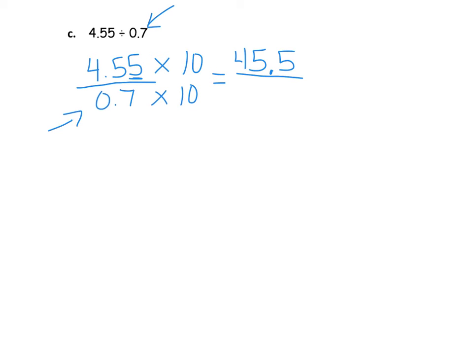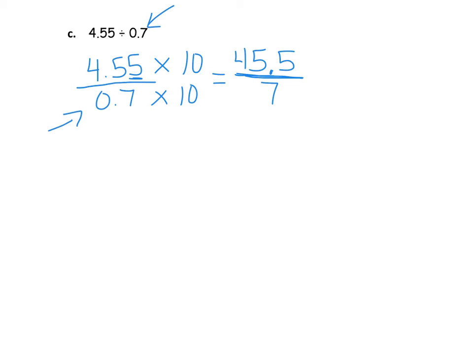So now my denominator says 7 tenths times 10. So that times 10 means the number in the tenths place moves to the ones. So the 7 becomes 7 ones. So I have 45 and 5 tenths divided by 7, or 45 and 5 tenths sevenths.